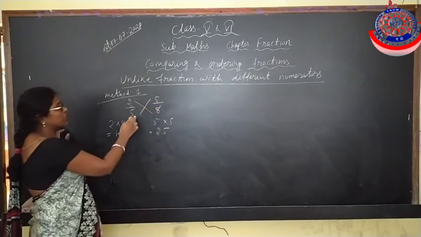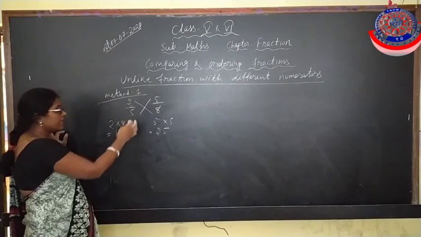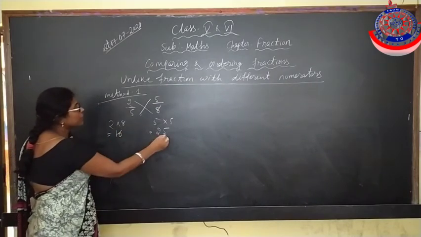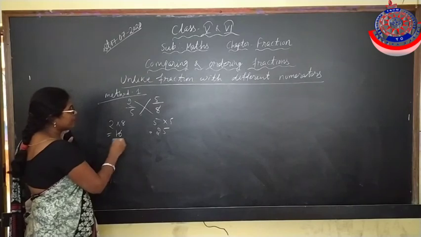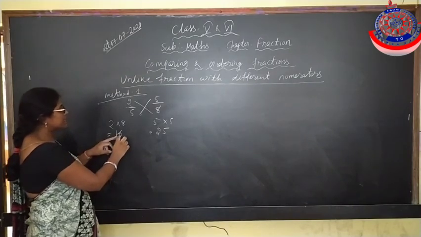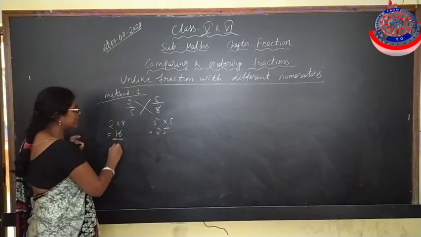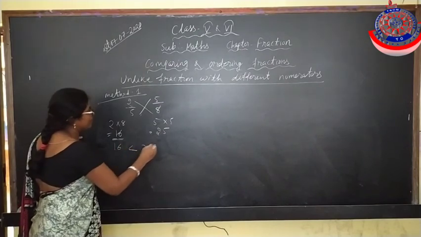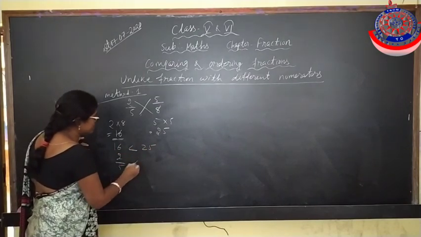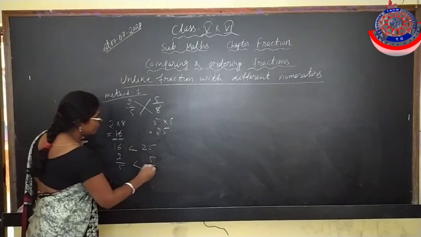Just do cross multiplication and check the value. Here 16 is less than 25, that means 2 by 5 is less than 5 by 8.